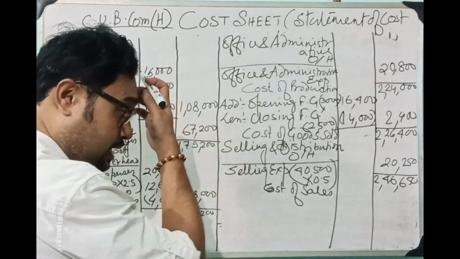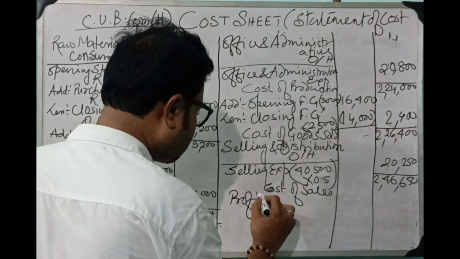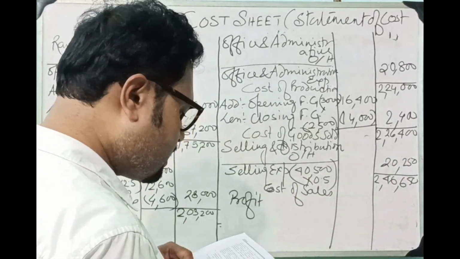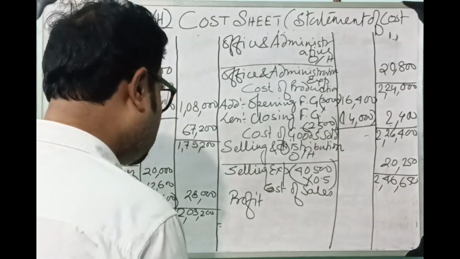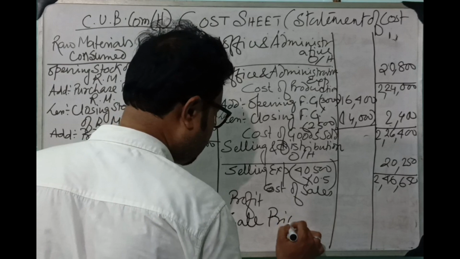Cost of sales. Then we will write profit, which is not given in the sum. Given sale price 2,83,500.